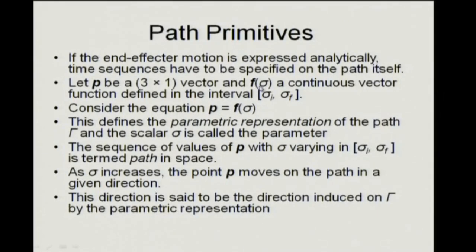and we take a continuous vector function f of sigma which is defined on an interval from sigma initial to sigma final. It is very simple. And then you take the equation P is equal to f of sigma.